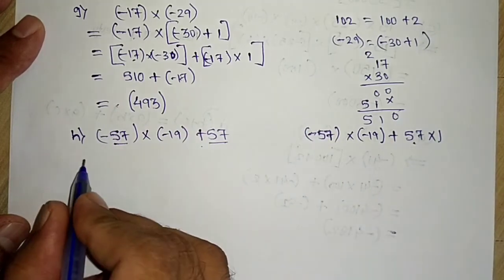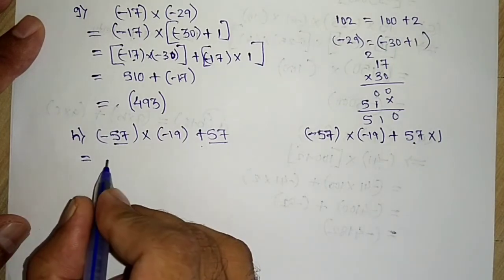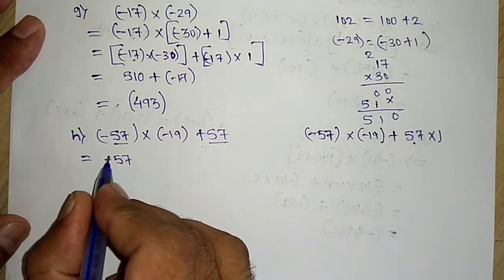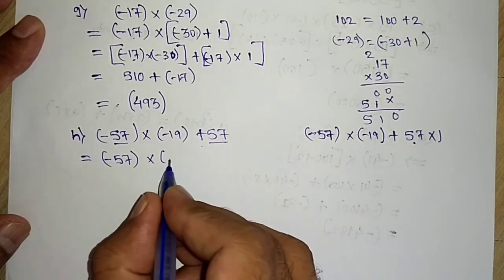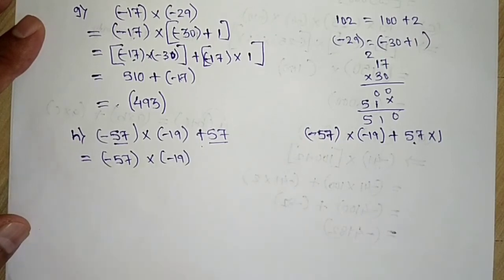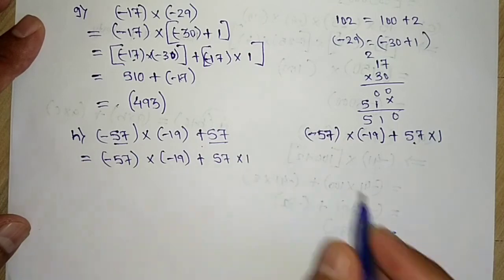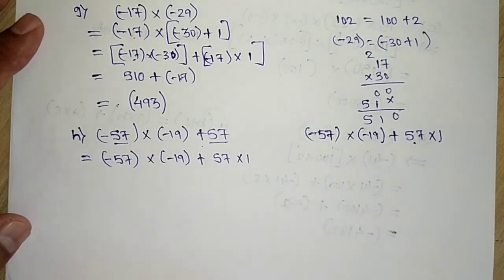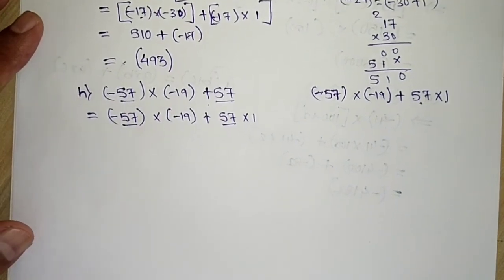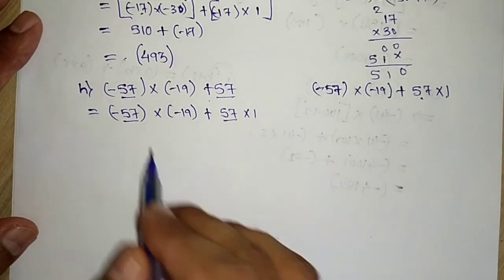So let me first write like this: minus 57 multiplied by minus 19 plus 57 multiplied by 1. Now you can take 57 and 57 common. Again we have 57 plus and minus.